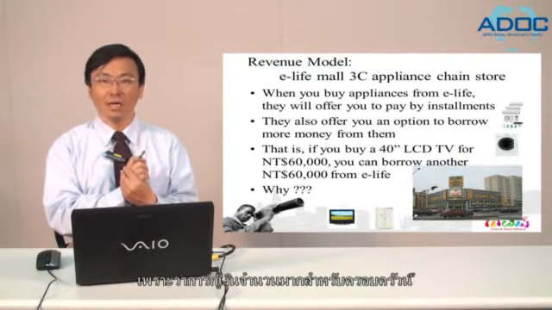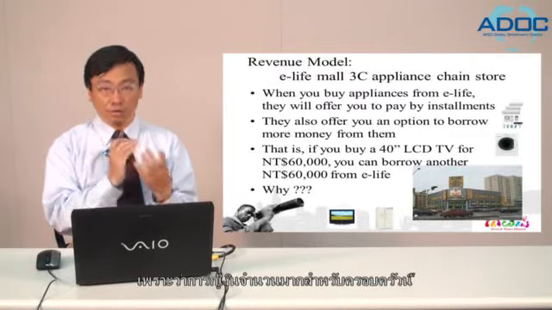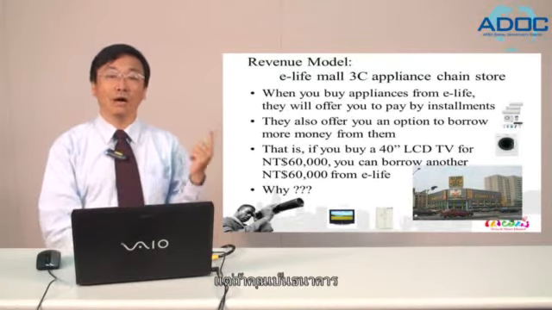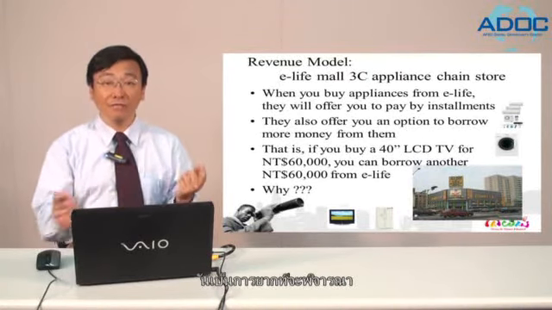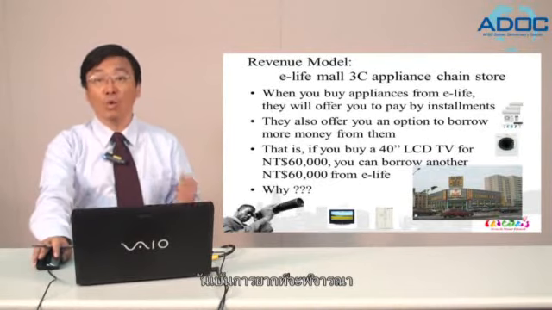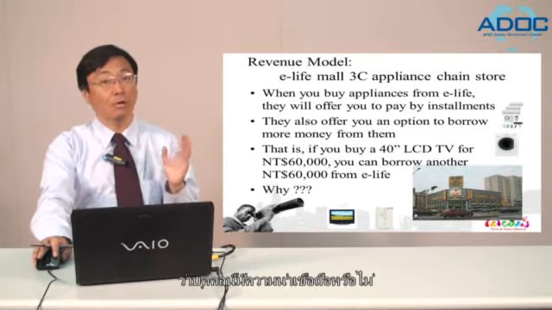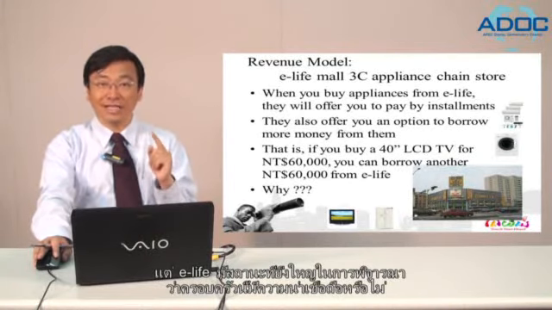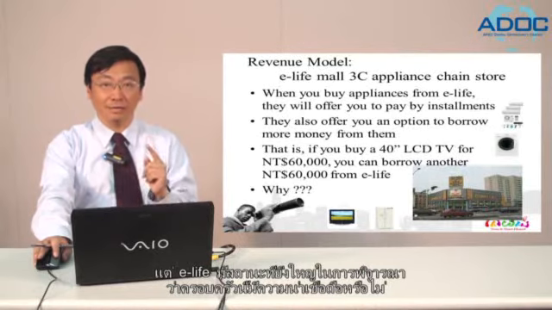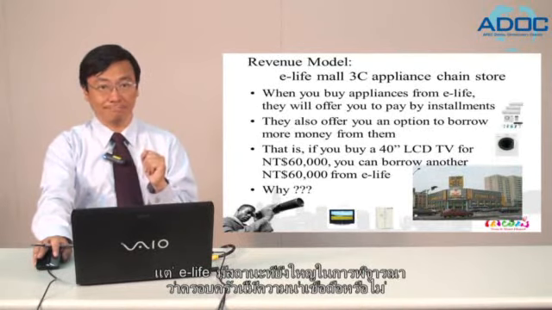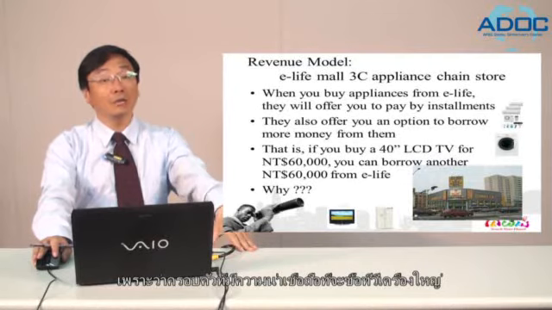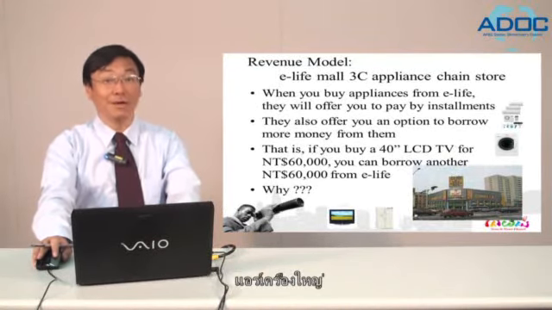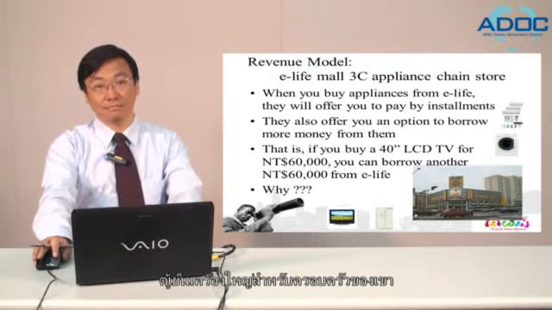Lending more money to those family men can be profitable. But if you are a bank, it is very difficult to identify whether a person is reliable or not. But eLife is in a great position to identify whether this family man is reliable, because only reliable family men will buy a bigger TV, bigger air conditioner, and bigger refrigerator for their family.